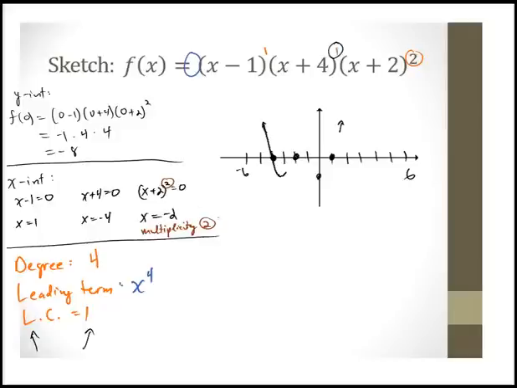I have a multiplicity 2, so I know it's going to turn there. It's not going to pass through because it's an even multiplicity. It's got to come back down some. It's going to go through this y-intercept at 0, -8. It's going to come up to x equals 1. Multiplicity 1 passes through, follows the end behavior. And there's a rough sketch of the curve. We could plot a couple other points to find some other guide points, but that's the basic sketch of the graph.